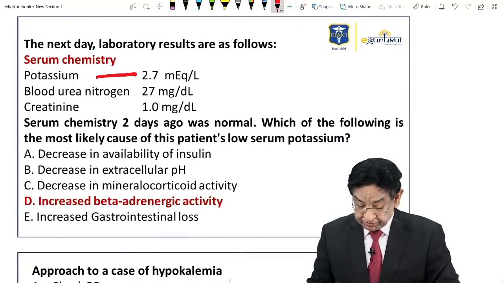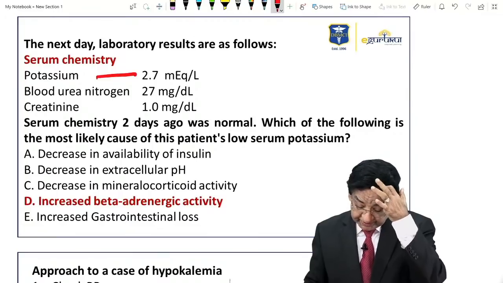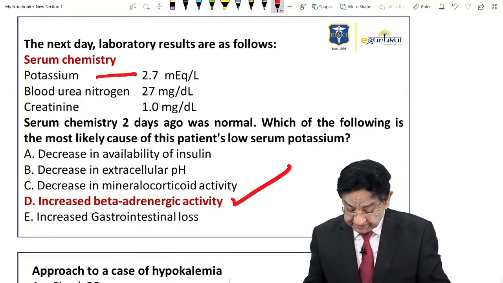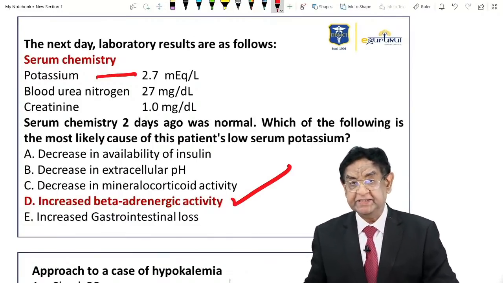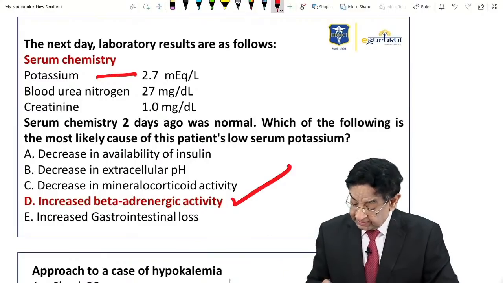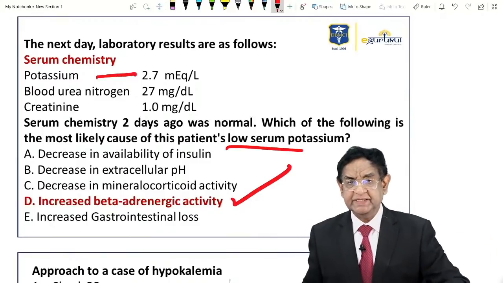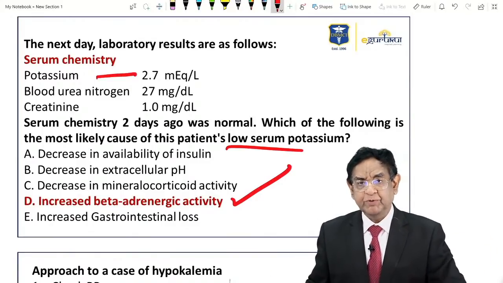Potassium level is reduced. Right. So what's the reason why he's having this? The answer is increased beta adrenergic action. In the causes, I told you one thing, that anything which causes increased beta adrenergic activity shifts the potassium inside. It causes hypokalemia.